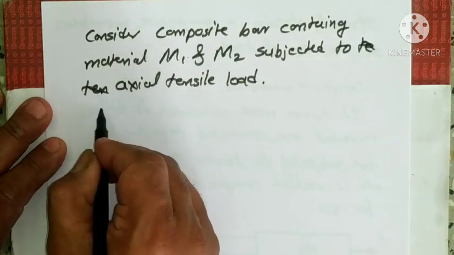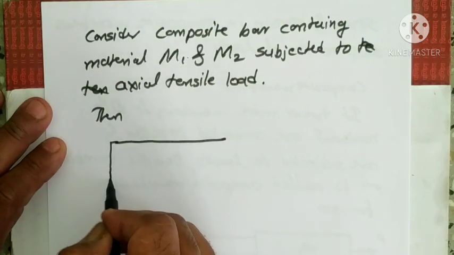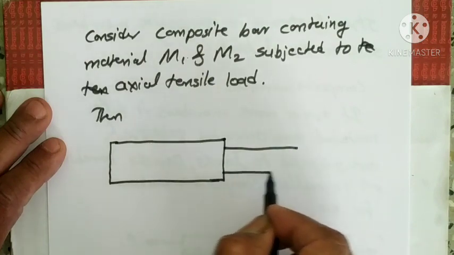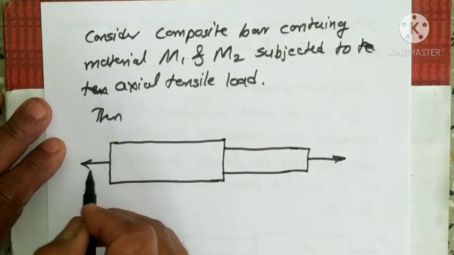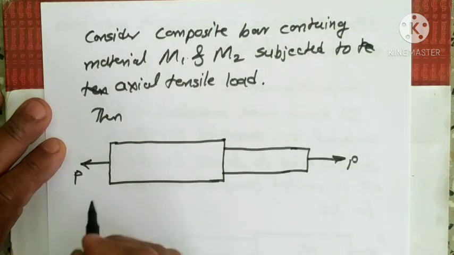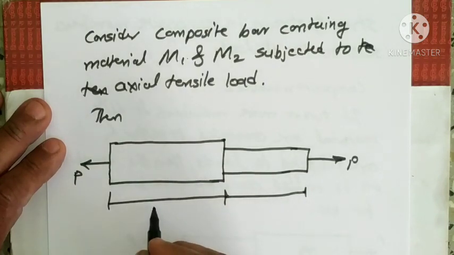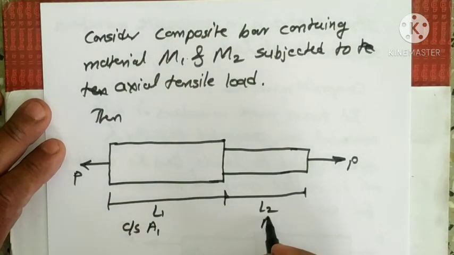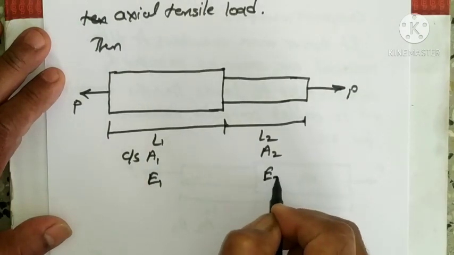Then material 1, material 2, and axial tensile load is P. Cross sectional area and length also different: length L1, L2, cross sectional area A1, A2, Young modulus E1, E2.